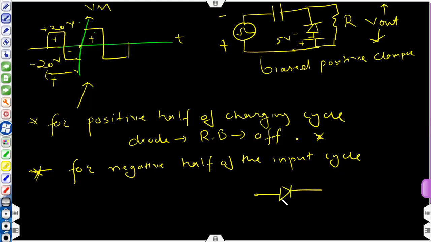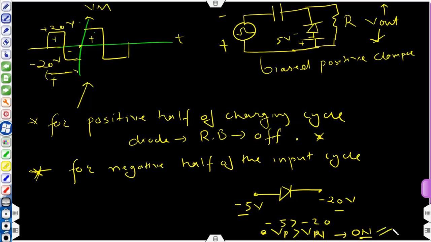You can see that at the P side we have minus 5 volt, and at the N side we have minus 20 volt. These are negative voltages, and minus 5 is greater than minus 20. This means the voltage at the P side is greater than the voltage at the N side, which is the condition for the diode to be in the on state. So your diode will be on.